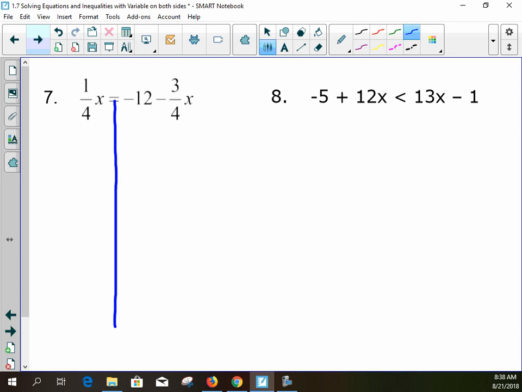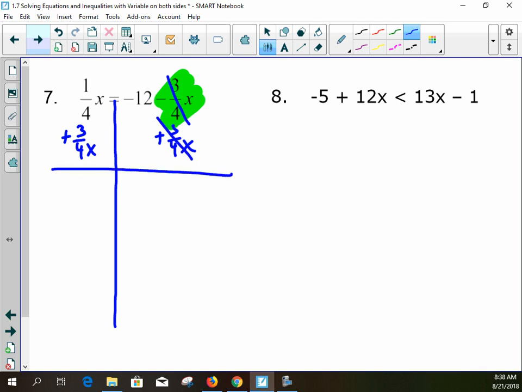So I'm going to have to move my negative 3/4 x so I get it on the other side, right? So I am going to add 3/4x to both sides. This is going to cancel. I have my negative 12.